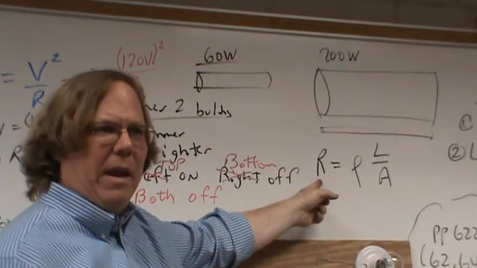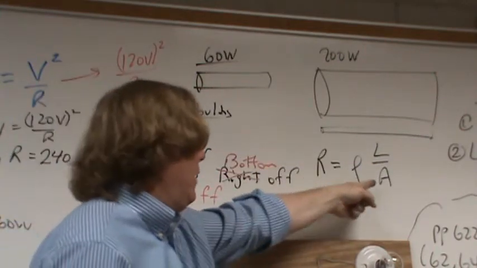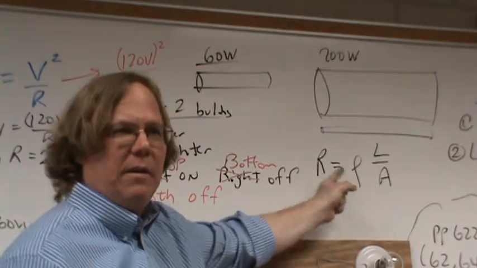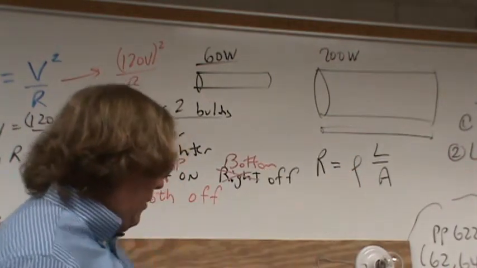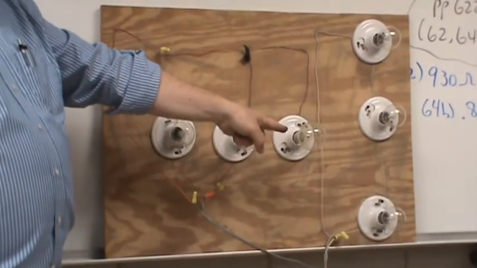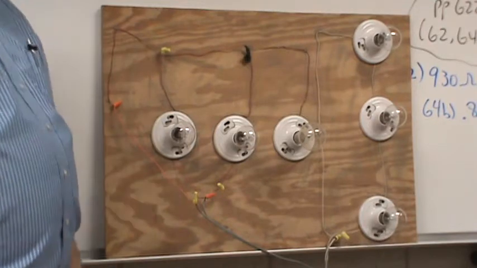Thank you. You guys okay with that? My 200 watt bulb has a smaller resistance. In order to get a smaller resistance, it needs a bigger cross-sectional area. Yeah, and that's the reality of it. I'm looking at it right now, and it's obvious to me that the filament of the 200 watt bulb is a lot fatter than the filament of the 60 watt bulb.